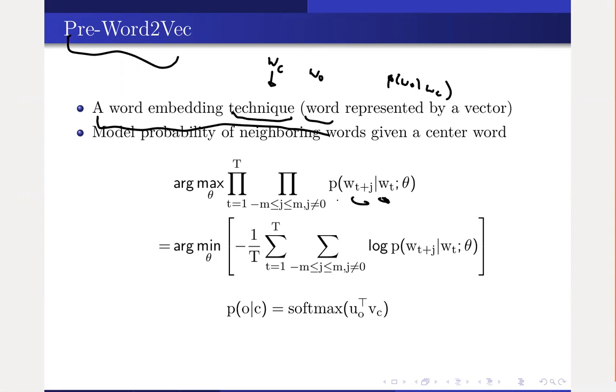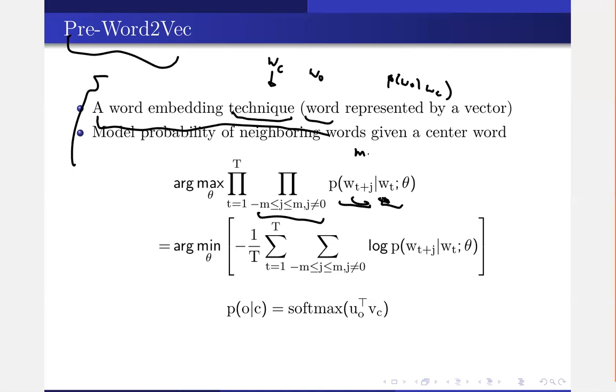What we want to do is, based on all the training text we have, like maybe all the documents on Wikipedia and so on, maximize not the joint probability, but the product of the conditional probabilities of the surrounding words given a center word. We're given some window M here.